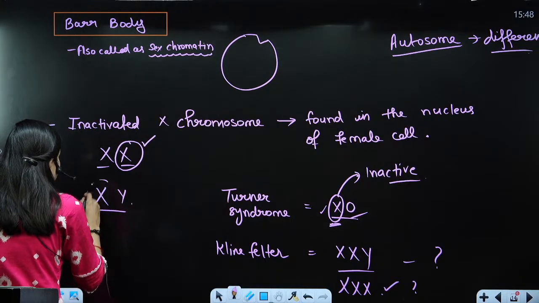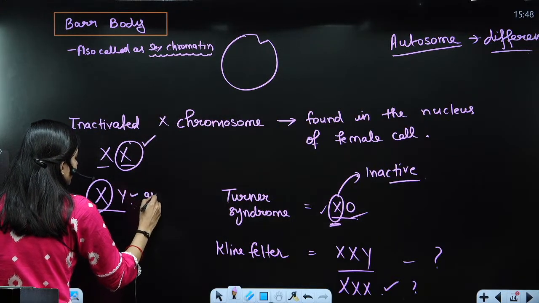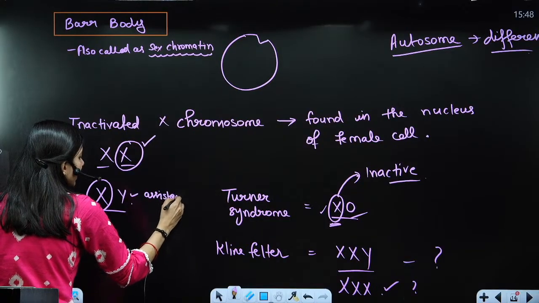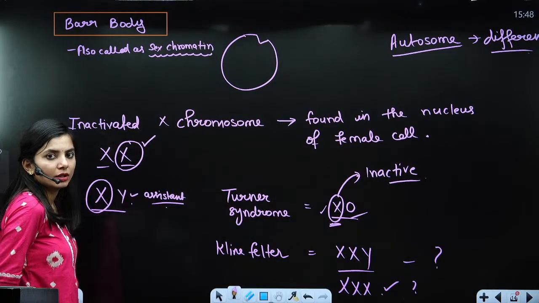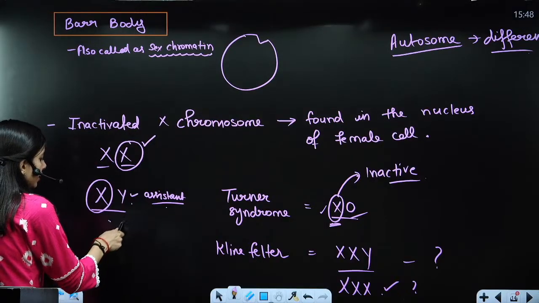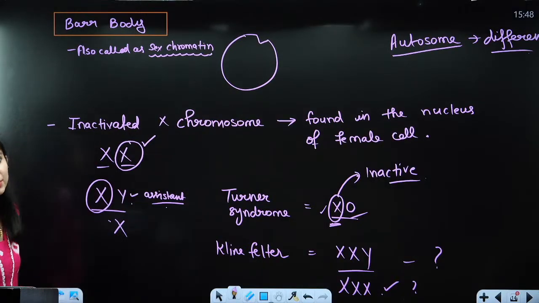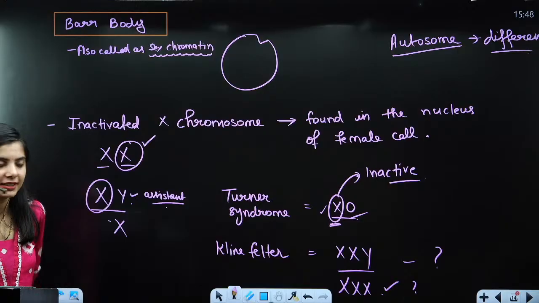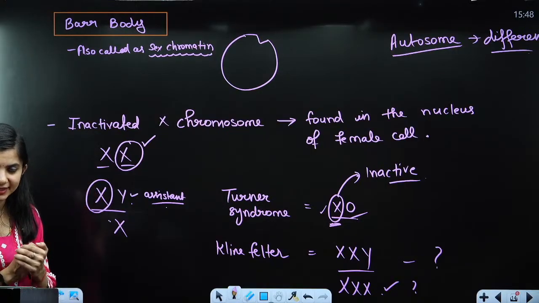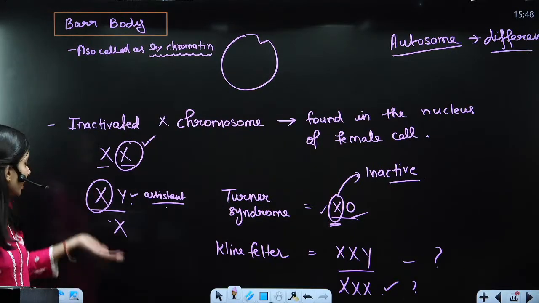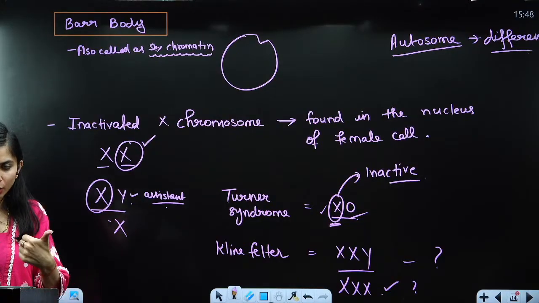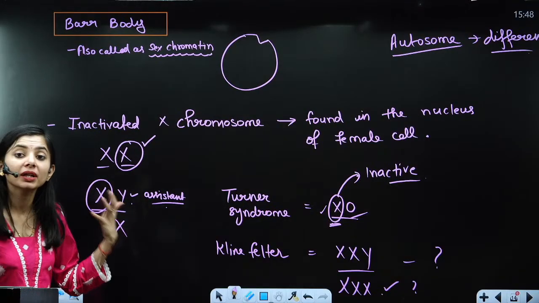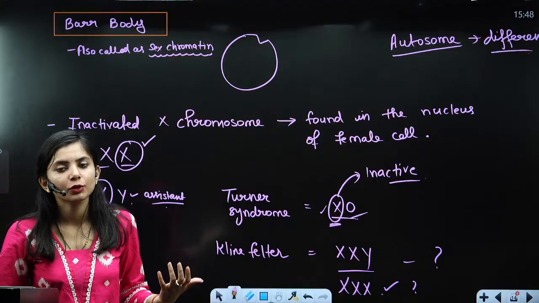Here X is the teacher, Y is the assistant. Both are having different roles. So therefore in this case no Barr body would be there. Why? Because if X is going to be mute itself as a part of the Barr body, then Y alone cannot help to take birth in this case. Again the child would be aborted.